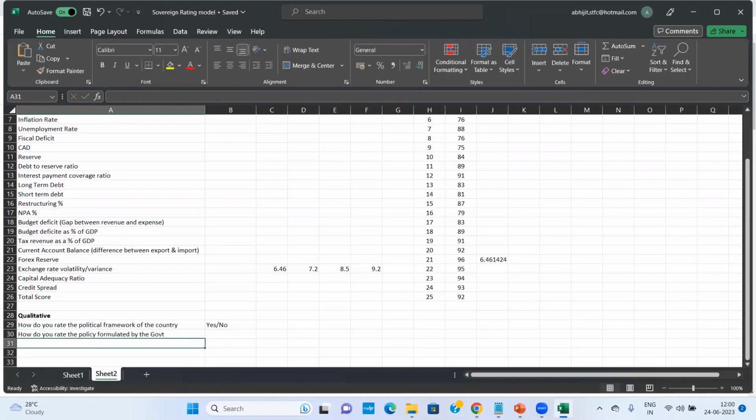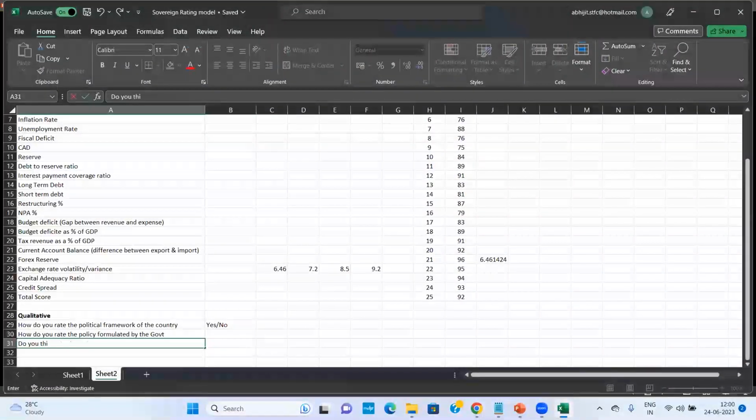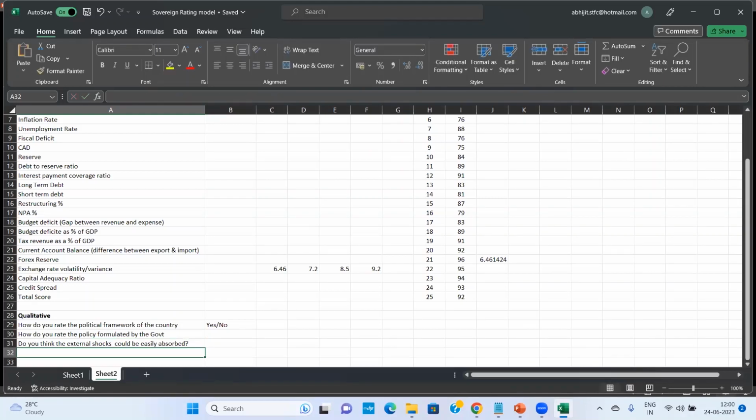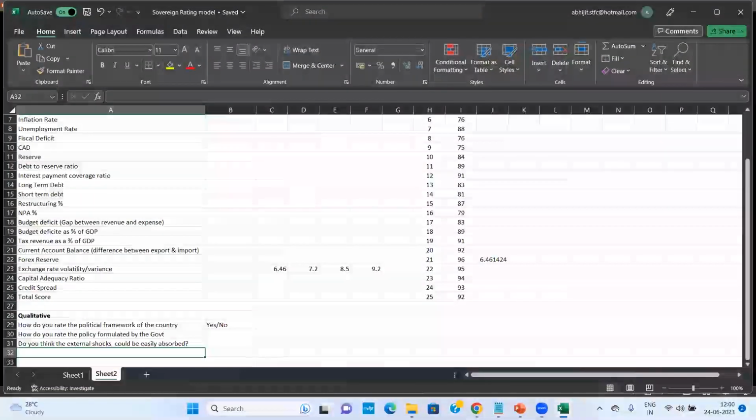Again, 1 to 10. Do you think the external shocks could be easily absorbed? How do you rate the social and demographic factors?